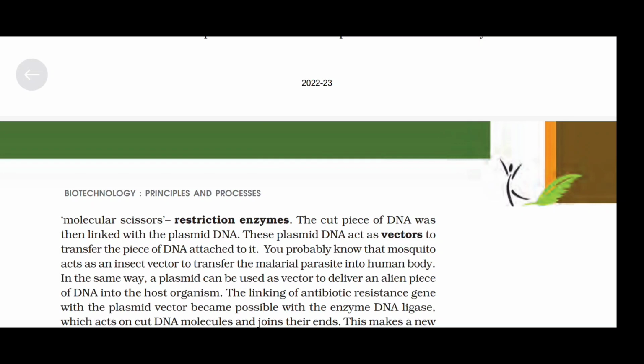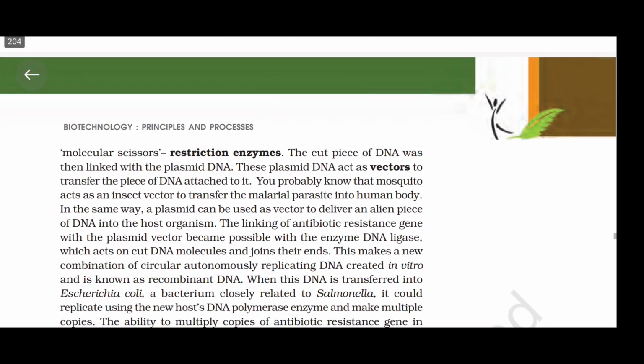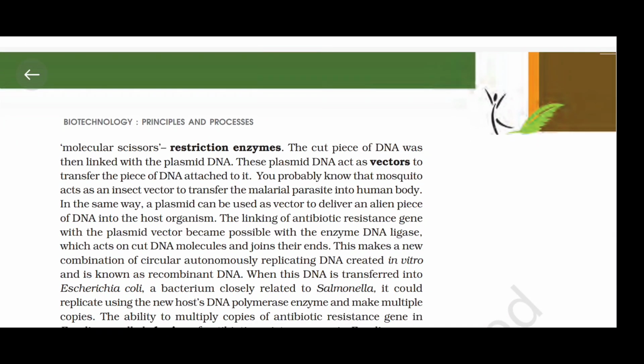the host organism. The linking of the antibiotic resistance gene with the plasmid vector became possible with the enzyme DNA ligase, which acts on the cut DNA molecules and joins their ends.